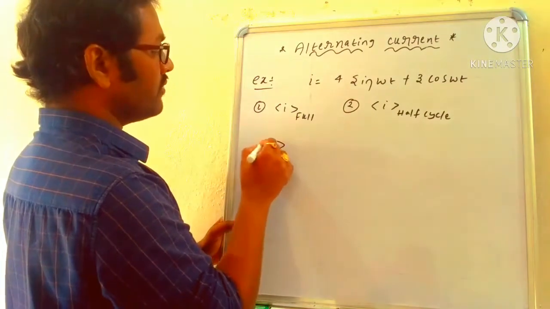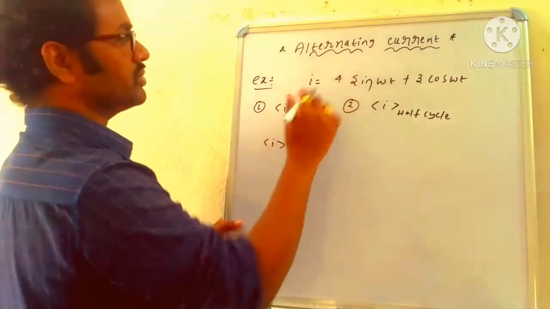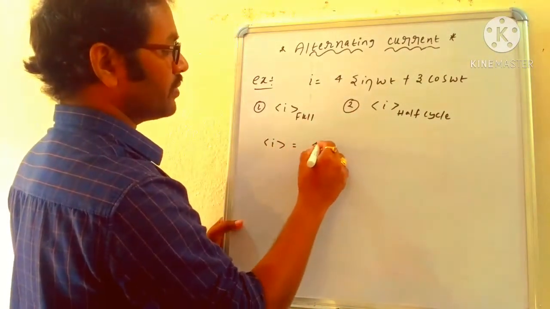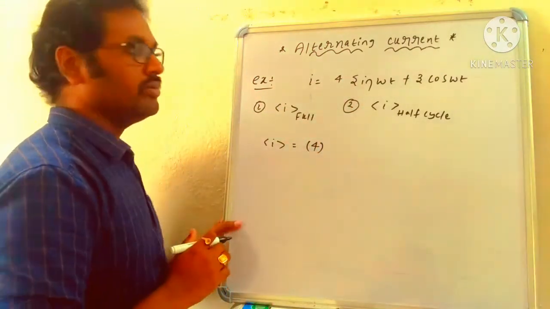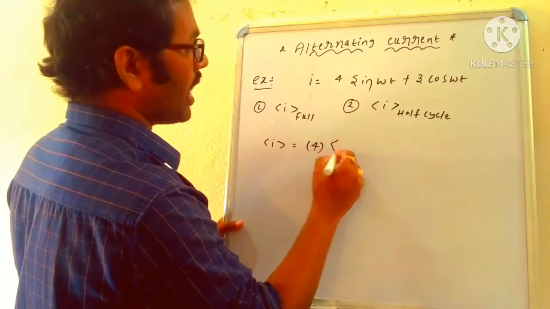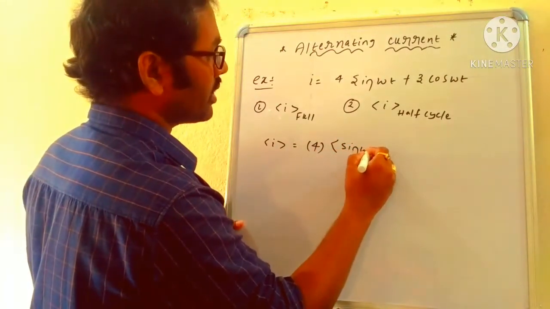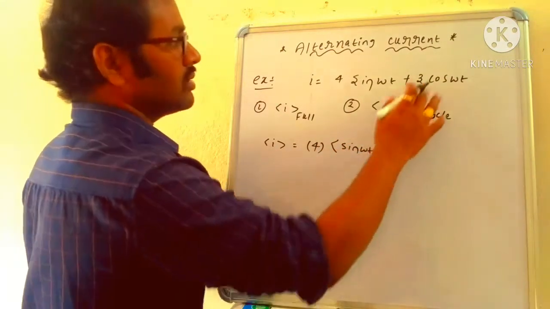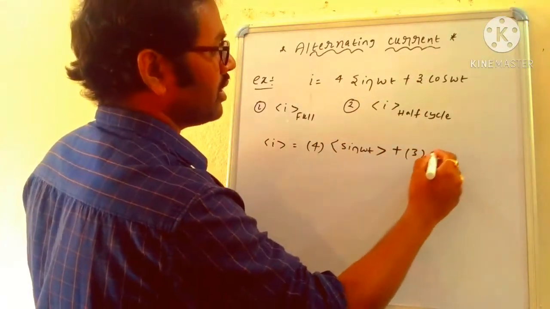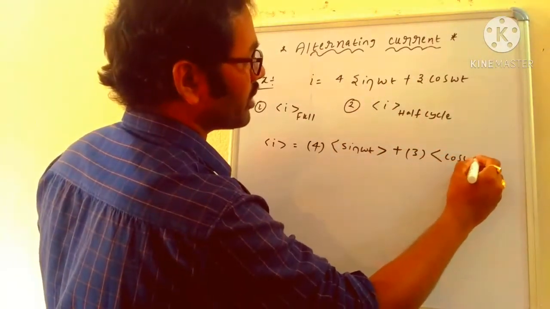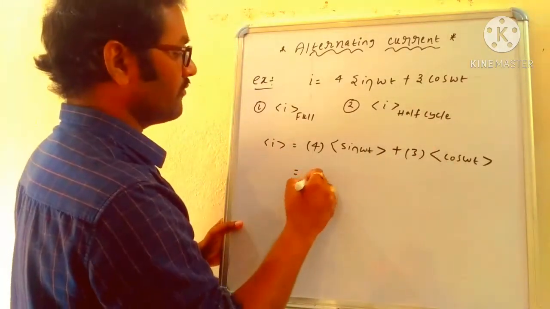So average current for the full cycle is equal to 4 into average value of sin omega t, where 4 is the peak value for the first alternating current, plus, for the second alternating current, the peak value is 3, you write 3 directly, into the average value of cos omega t.